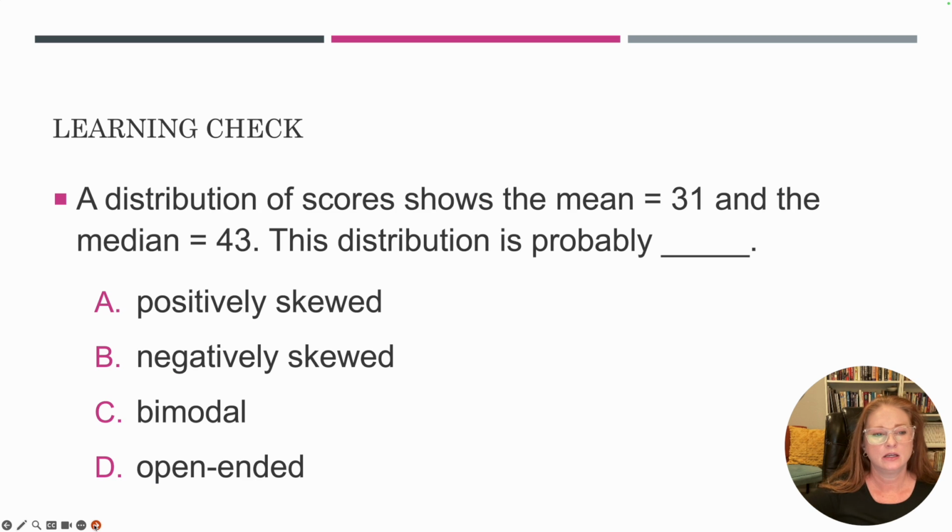Okay, quick learn check. A distribution of scores shows the mean equals 31 and the median equals 43. So write down these numbers and I'll go back to the previous slide because I just told you the math on it, right? So what do you think it is? Positively skewed, negatively skewed, bimodal, or open-ended? So you know it's either A or B, right?